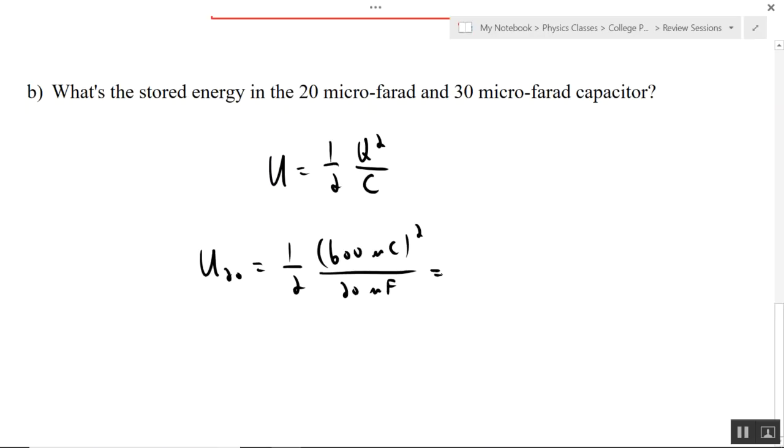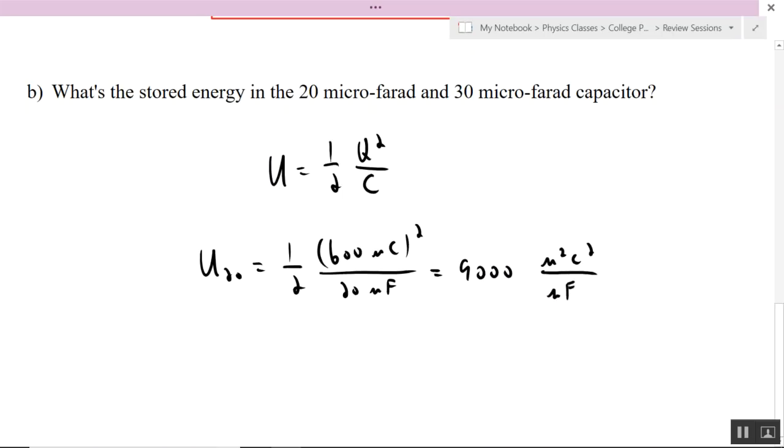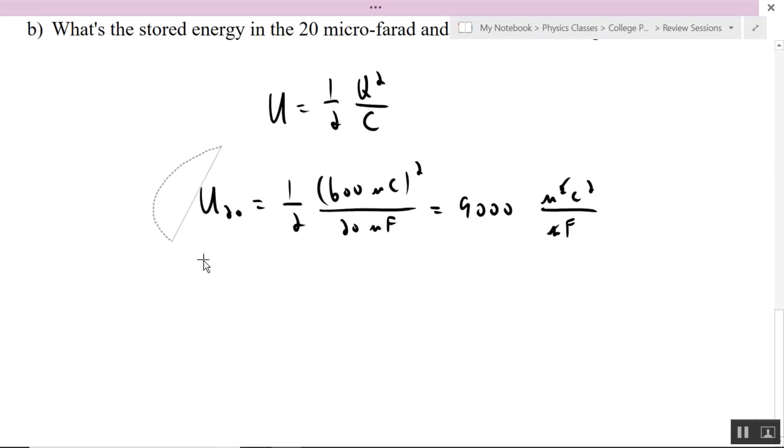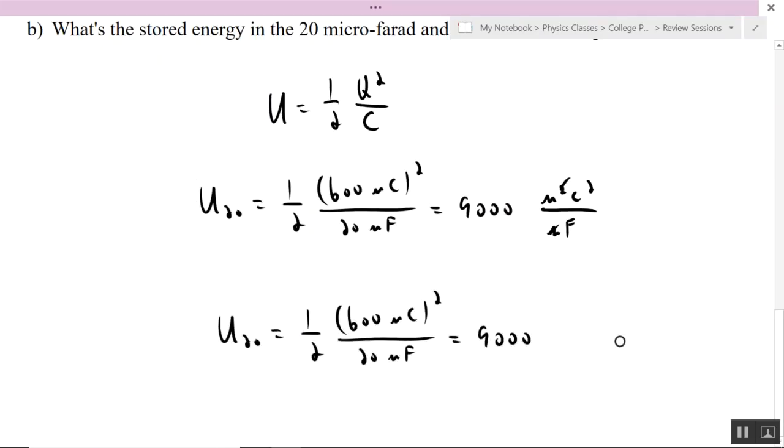So this gives you 9,000, but the units work out to be, let me show you, microcoulomb squared in the top, and then you have microfarad at the bottom. So one of the micros cancel, and you get microcoulomb squared per farad, which is microjoule. So basically, if you keep everything in micro, the units you get out are micro. So it's a microjoule, right? 9,000 microjoules or 9 millijoules, if you want to write it like that.